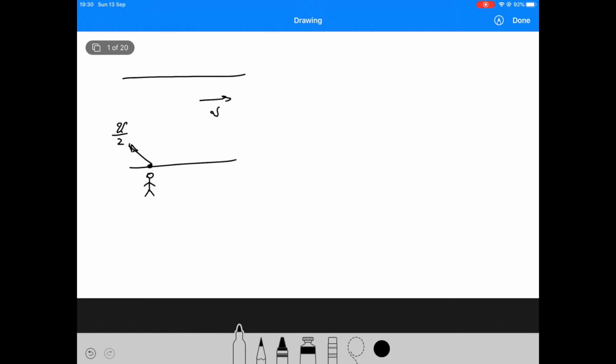And the goal is to be carried by the current as little as possible when he reaches the opposite shore.